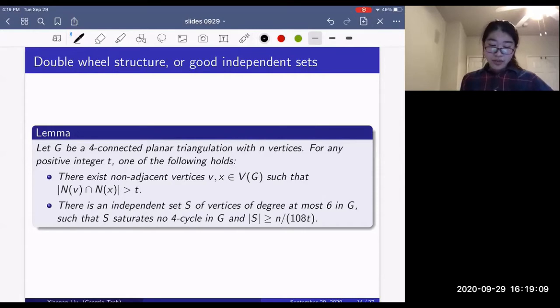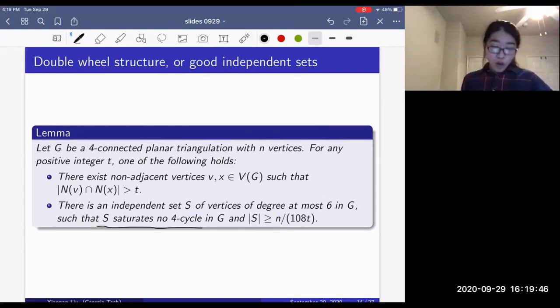If G is a 4-connected planar triangulation, then either we can find a large independent set of vertices of degree at most 6 that saturates no 4 cycle in G, or, if we cannot find one, there exist non-adjacent vertices V and X such that they have a lot of common neighbors.